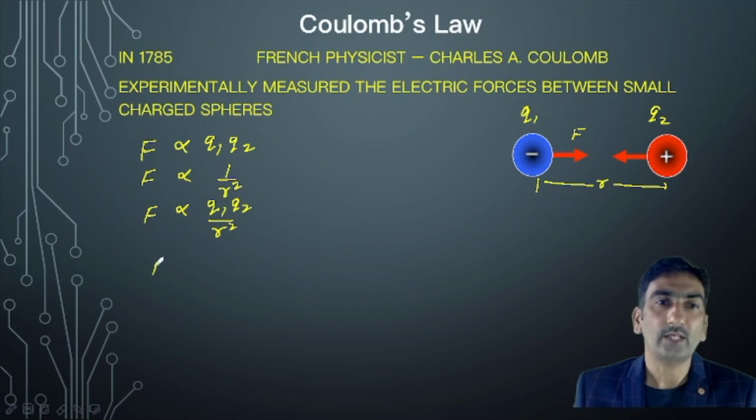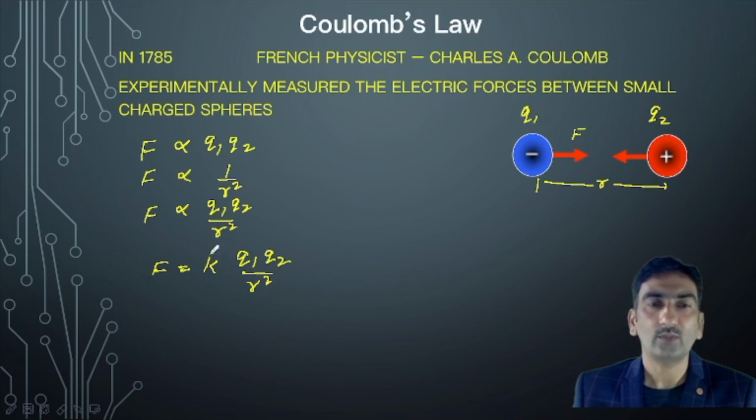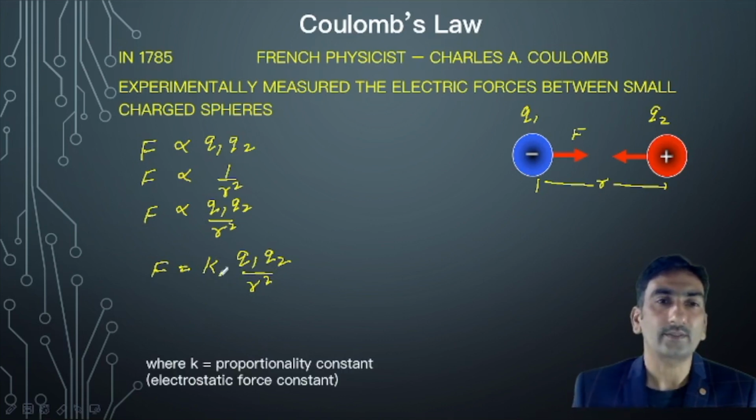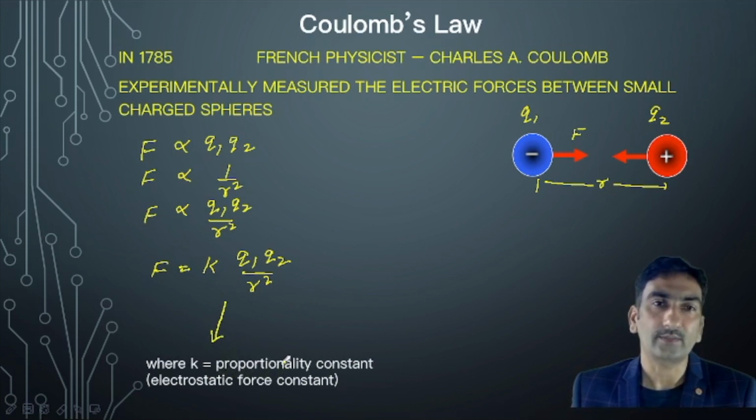If you remove the sign of proportionality, we have to write some constant k, and the equation becomes F = k q1 q2 over r square. This is the general equation for Coulomb's law, where k is a proportionality constant known as the electrostatic force constant.